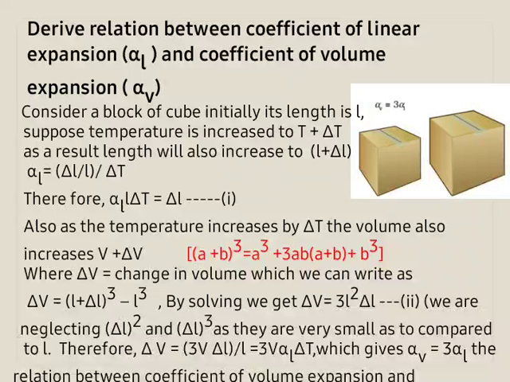From the expression 2, we can write delta V is equal to 3L square into L delta L by L, which is equal to 3L cube delta L by L. Since L cube is equal to V, the expression will become 3V delta L by L. Delta V is equal to 3V delta L by L. From the expression 1, delta L by L is equal to alpha L delta T. So, delta V will be equal to 3V alpha L delta T. From this expression, 3 alpha L is equal to delta V by V delta T. It is alpha V, the coefficient of cubical expansion.